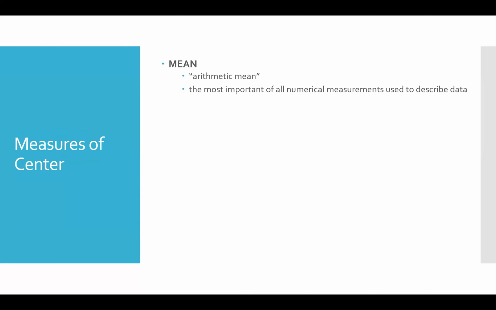It's the most important of all the numerical measurements because it uses all of the data values, and we use it in other statistical calculations, such as the variance and the z-score. So of the 3 measures of center, the mean is the most important.